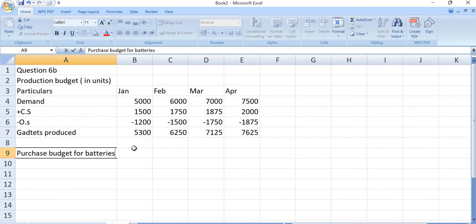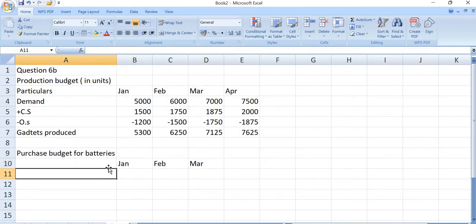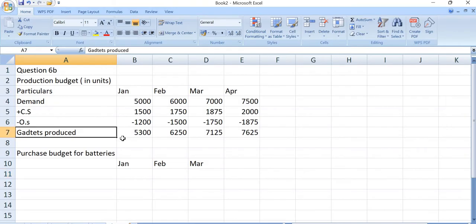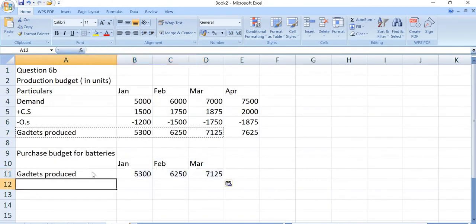This is required only for Jan, Feb and March. It depends upon the units produced only, so we have to purchase accordingly, right? Production is based on 5,300 and 6,250.